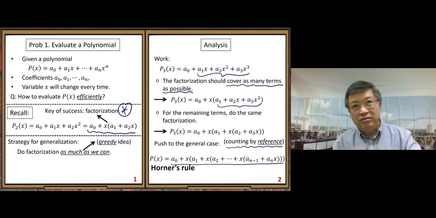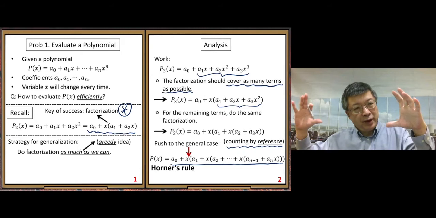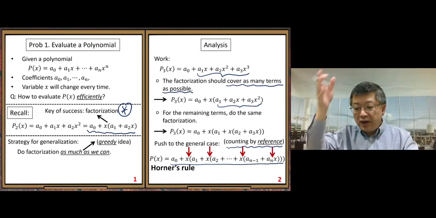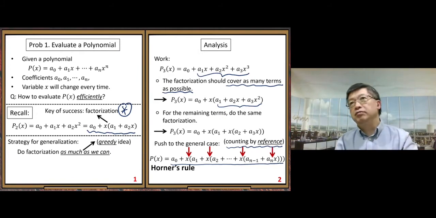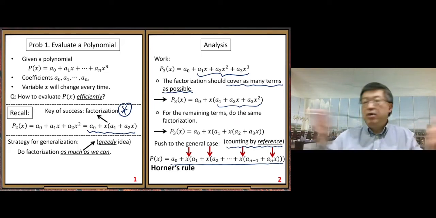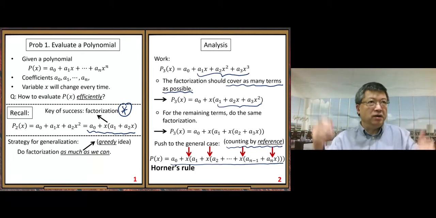Object 1 is the number of multiplications. So x times the parenthesis, the result inside that parenthesis, is the first multiplication. Then the second multiplication, and so on, until we get to the last multiplication. But it is very hard to keep track of all these multiplications. There is no reference associated with the multiplication directly.